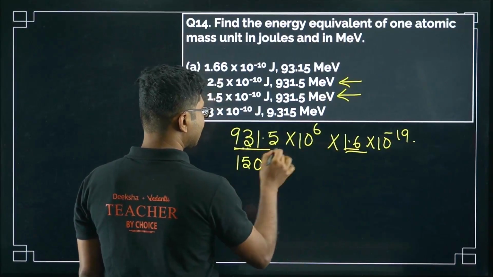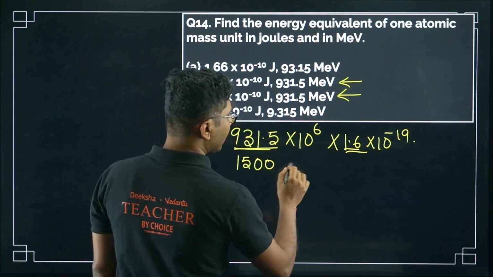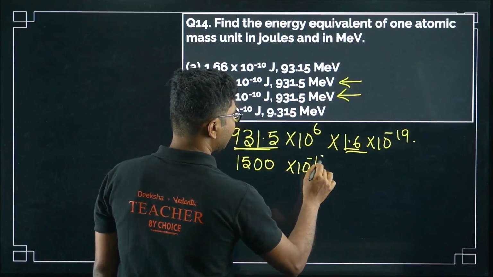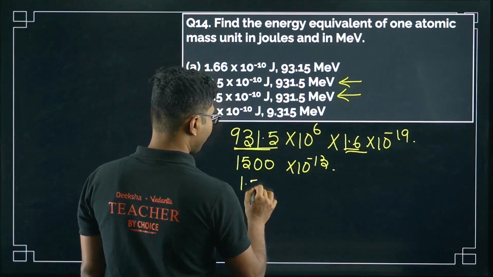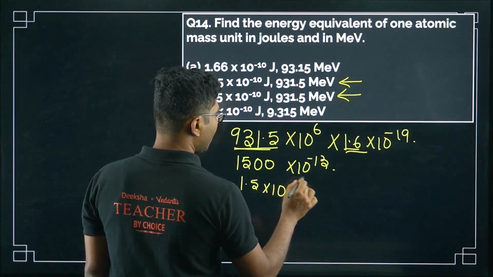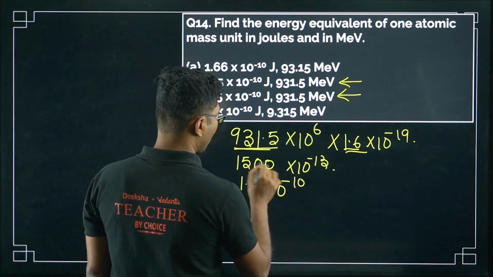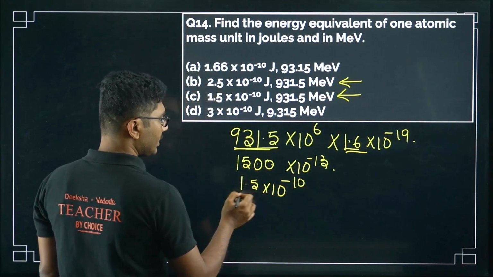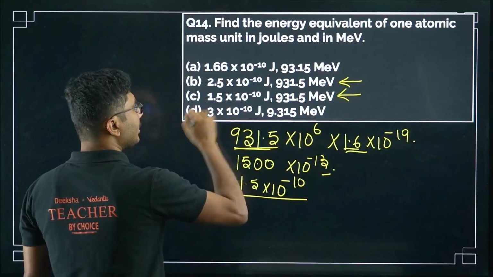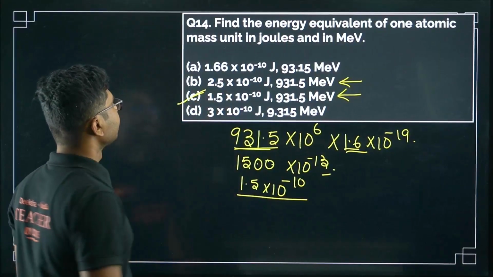If you multiply these two, you can check that out, 10 to the power of minus 13, or you can say 1.5 into 10 to the power of minus 10. 1 2 3, 1 2 3, so 3 reduced. So correct answer is this one.